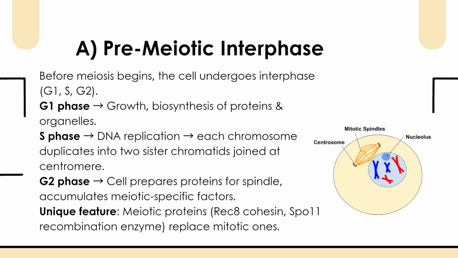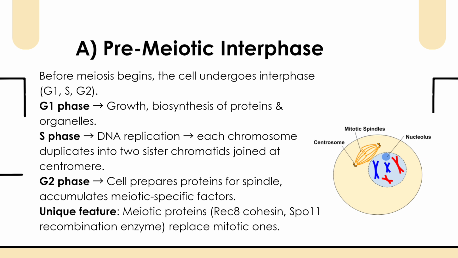Premeiotic interphase. Before any meiotic event, the cell completes interphase: G1, S, and G2. In G1, the cell grows and prepares biosynthetically. During S phase, DNA replicates, so each chromosome now consists of 2 sister chromatids joined at the centromere. G2 is for assembling proteins required for meiotic division and for DNA repair.